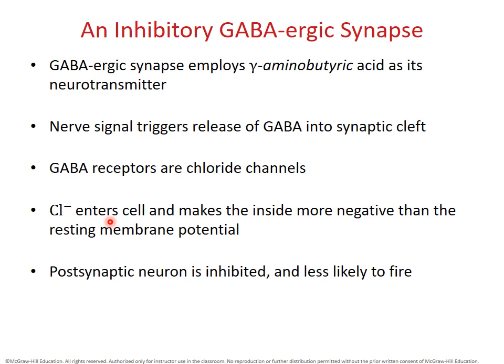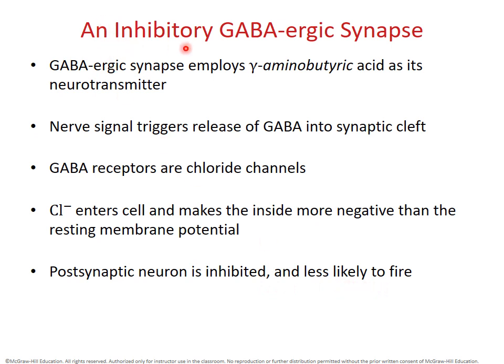And if I make the postsynaptic membrane more negative, more hyperpolarized, in other words, take it farther away from threshold, then I make it more difficult for that postsynaptic membrane to reach threshold and be triggered. And so this ultimately has an inhibitory effect on the postsynaptic neuron, and it becomes less likely to fire.